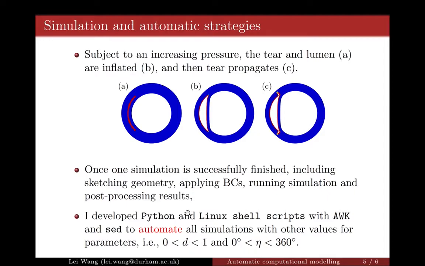So to perform that process efficiently, I developed Python and Linux shell scripts with other tools to automate the process. When one simulation finished, I can just run one code to automatically finish the simulation with other values for D and eta.